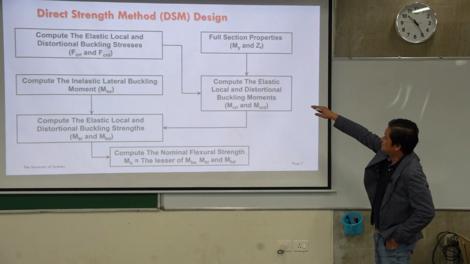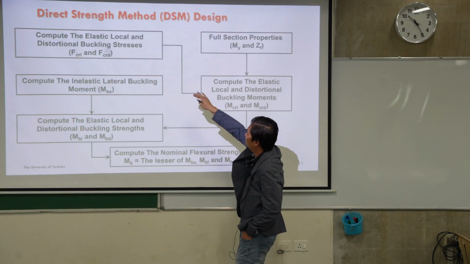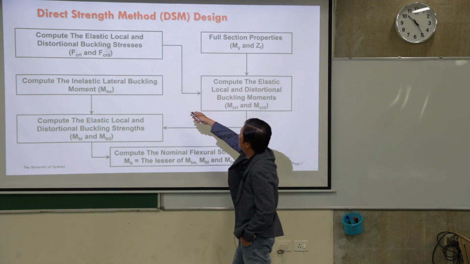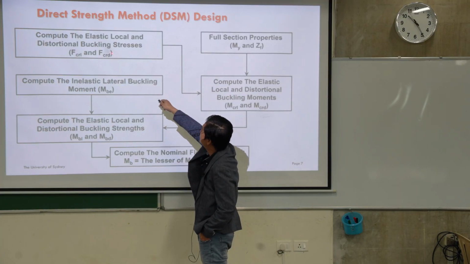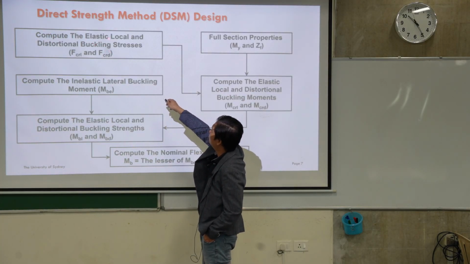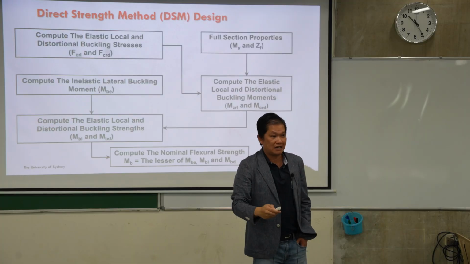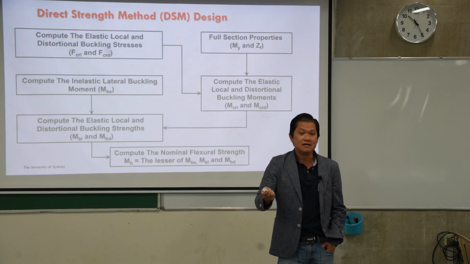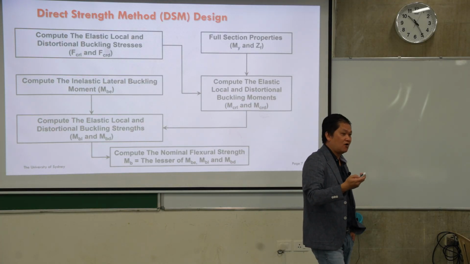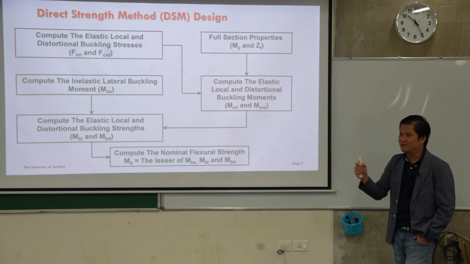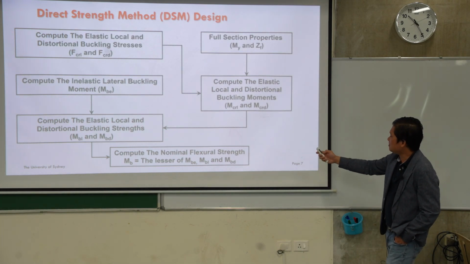Right, so here I just summarize the flowcharts for you for easier use later on. First, you calculate the elastic local buckling and distortional buckling stress, or buckling load or load factor. You got that from Thin-Wall 2 or CUFSM. So you take those two minimums.